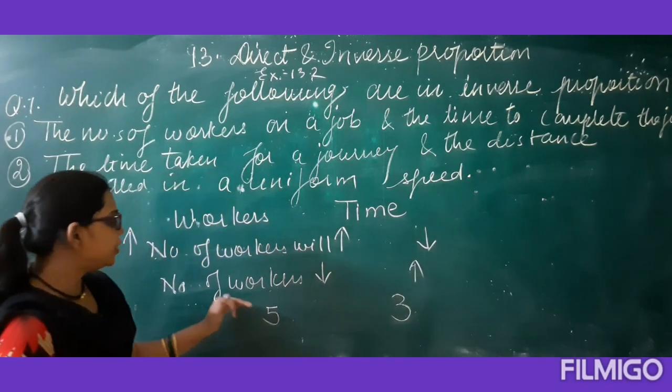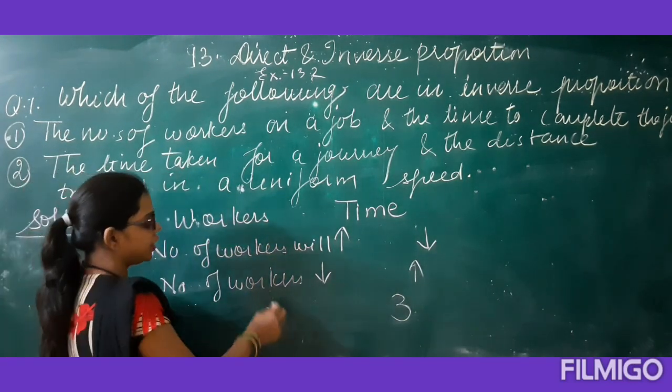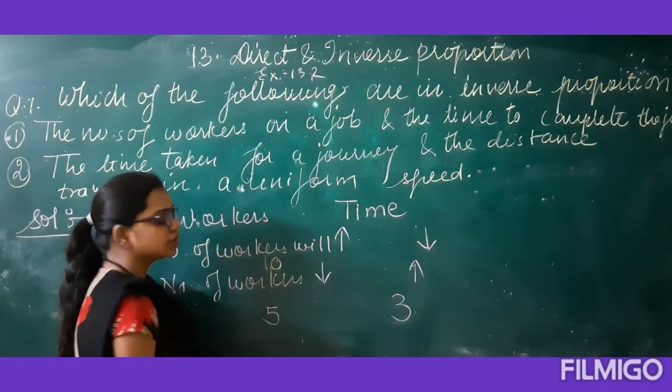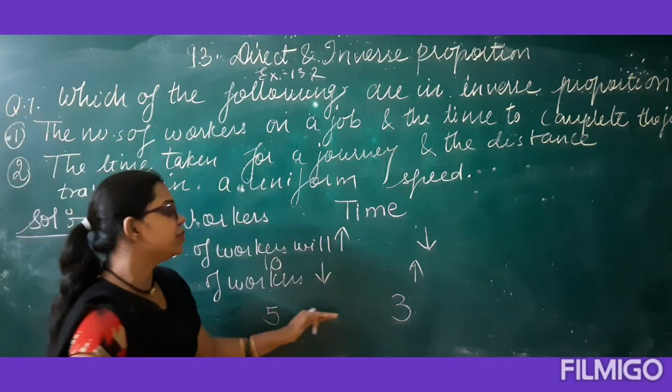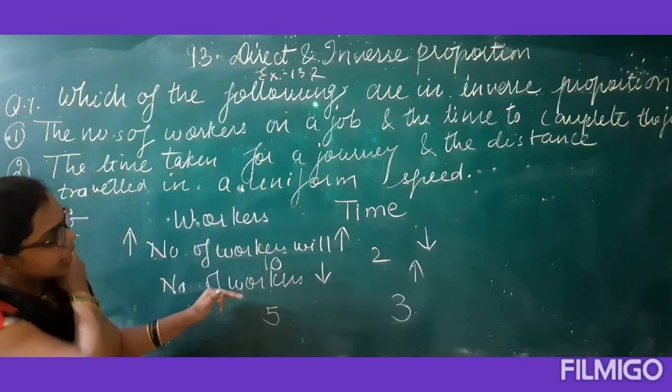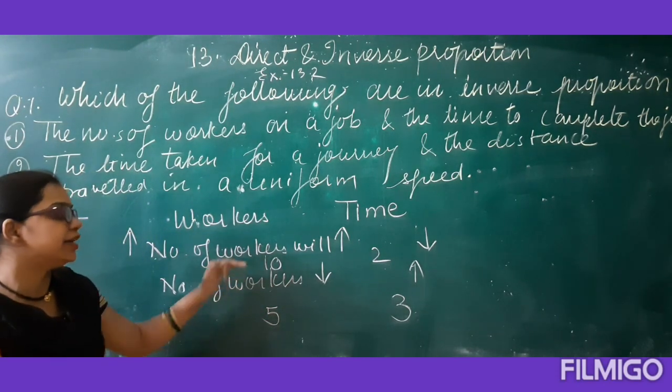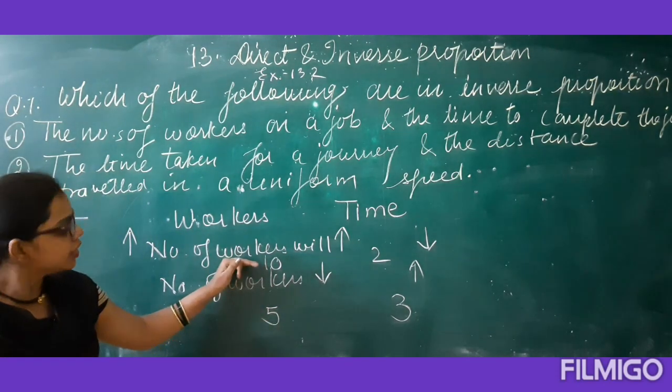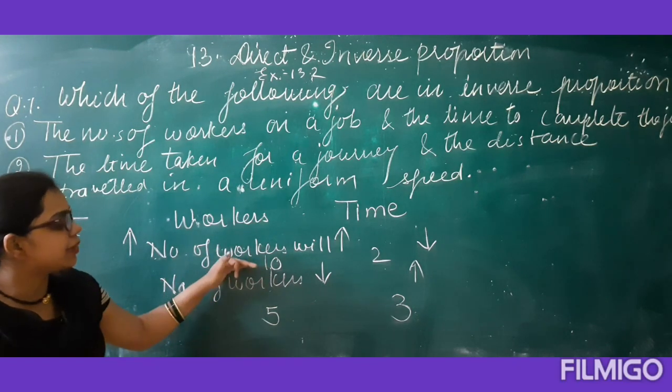But if I increase these 5 workers to 10 workers, the time they take will decrease. Why? Because compared to 5 workers, 10 workers will finish the job in less time.